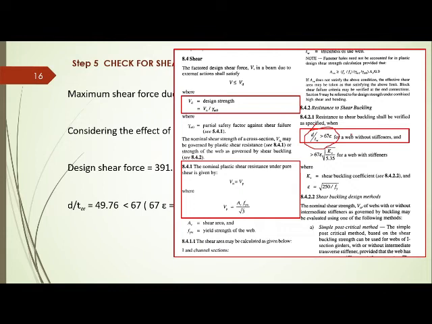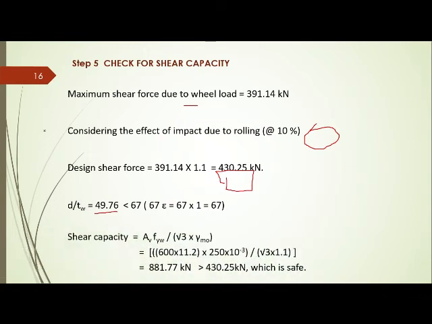We have seen just now that in our case it is less than 67 epsilon, so we may say that our nominal shear Vn will be equal to Vp, that is plastic shear. So the value of Vp is Av into fy by root 3, and that will be divided by gamma m0 to get the design shear. Let us come here to see whether we have checked the shear capacity.